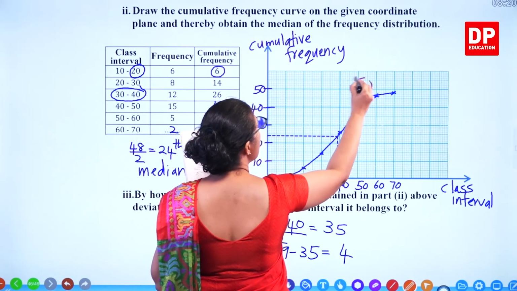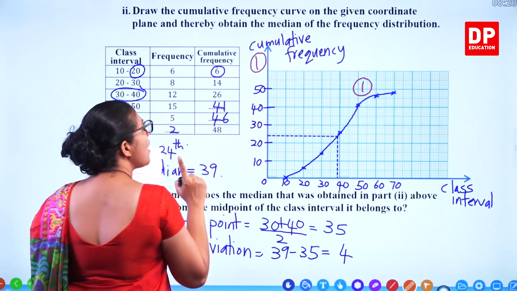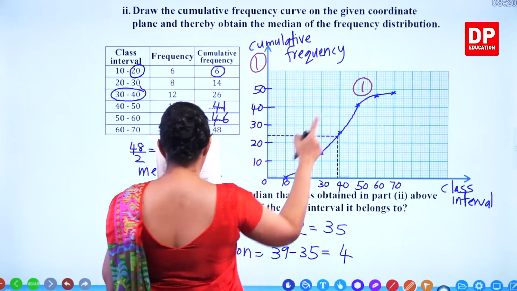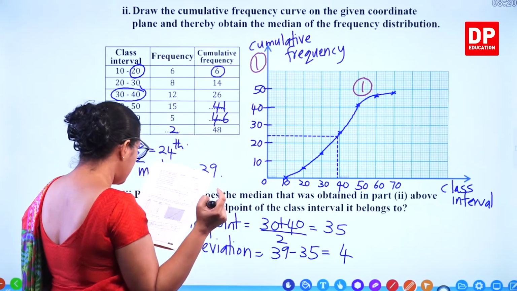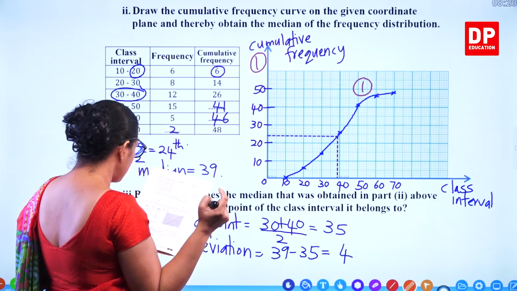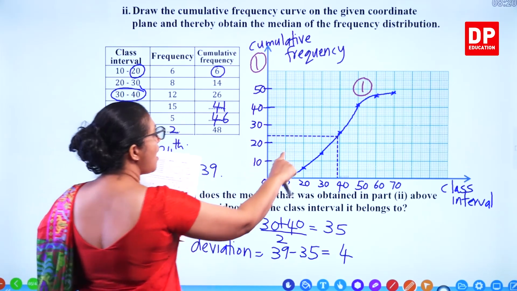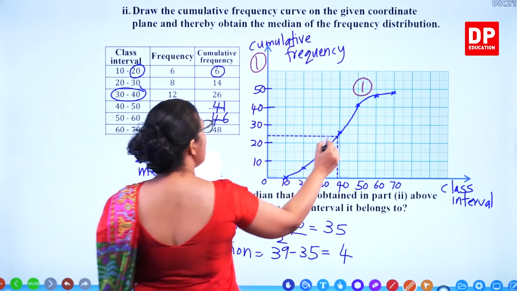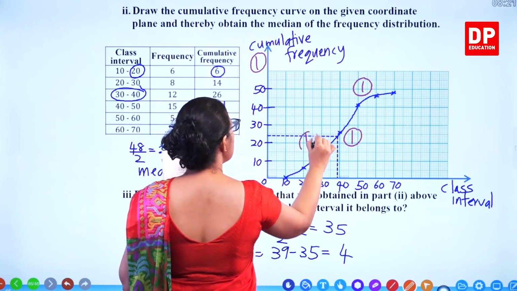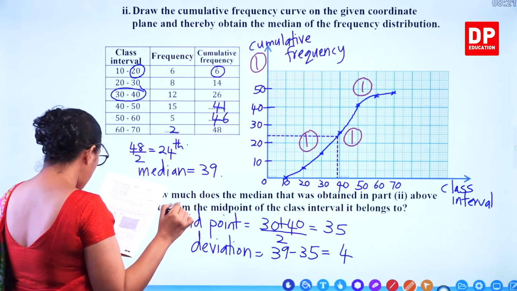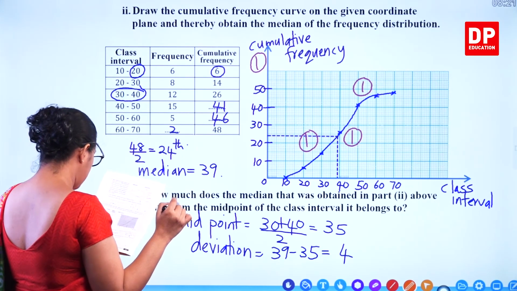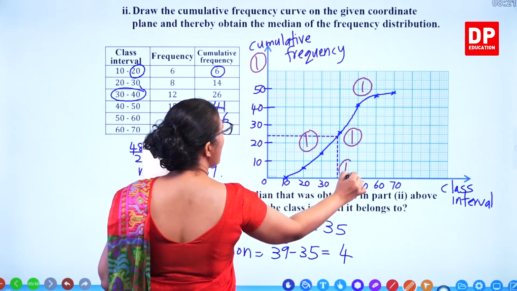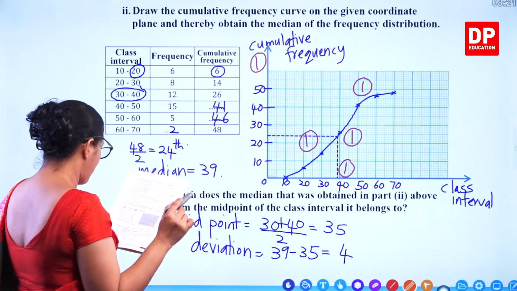So that's how you get marks. Marking other points correctly, 1 mark. Smoothly connecting the points, 1 mark. And finding the median, 1 mark. 1, 2, 3, 4, 5.